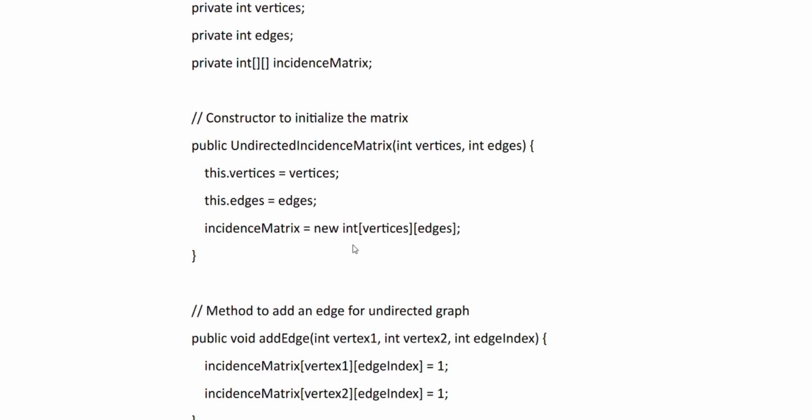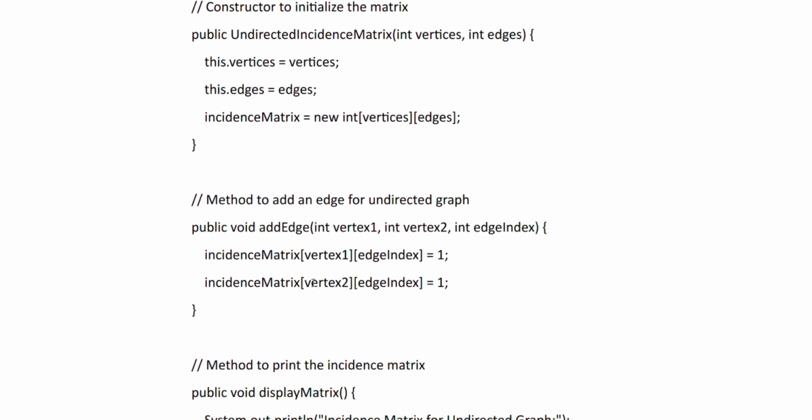Here, this is the constructor of the class. It takes vertices and edges as parameters and initializes this.vertices and this.edges with the input values. The incidence matrix is a 2D array with the vertices as rows and edges as columns, filled with zeros by default.